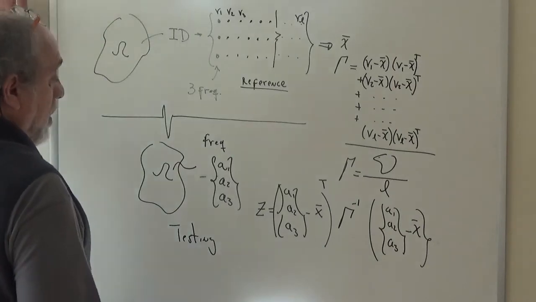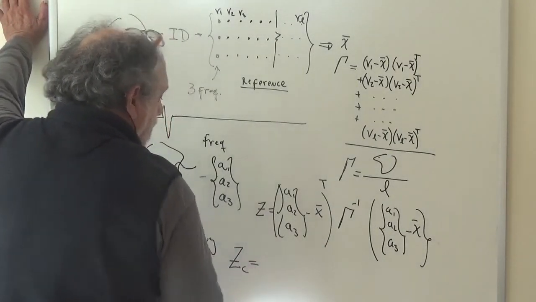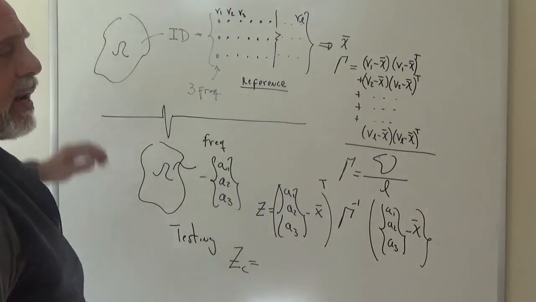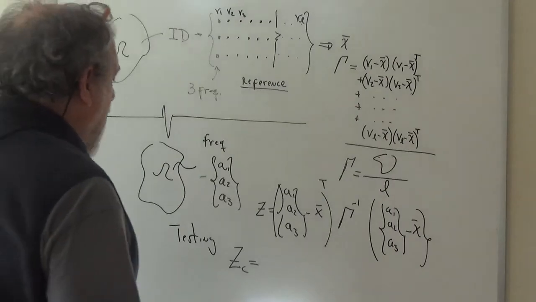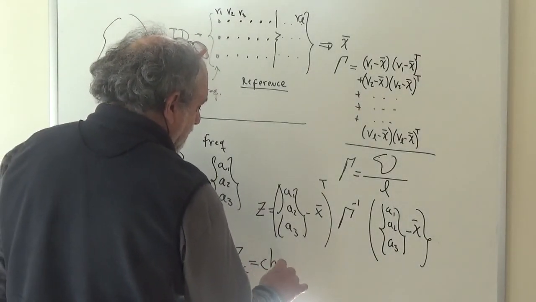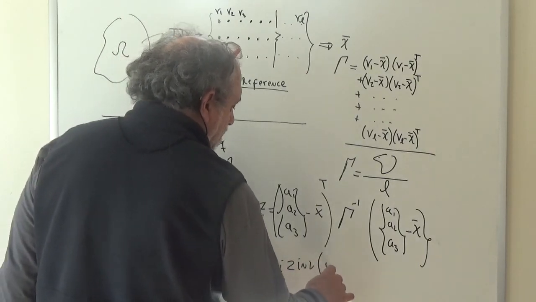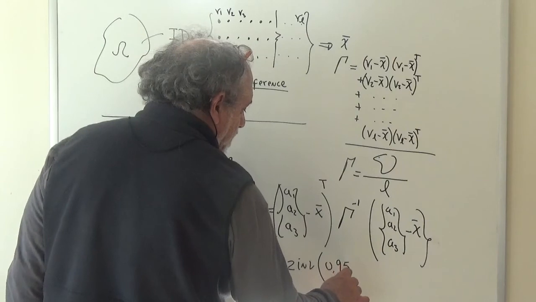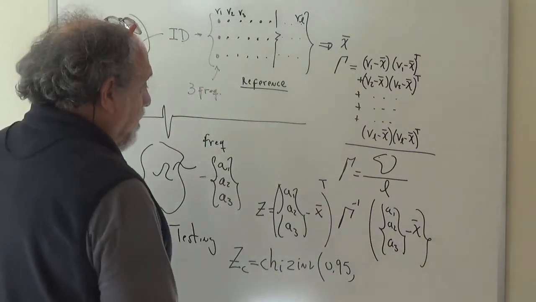Then we compute our Z critical depending on what kind of type 1 error we are willing to tolerate. So we say we are happy with 5% type 1 error. And so we say chi-squared inverse of 0.95, which is 1 minus the type 1 error.